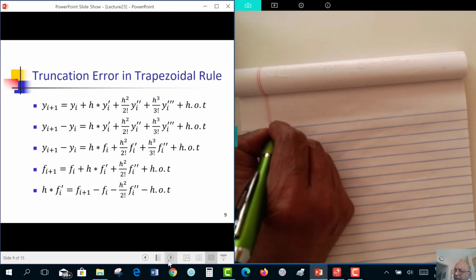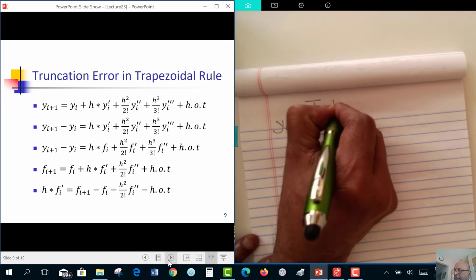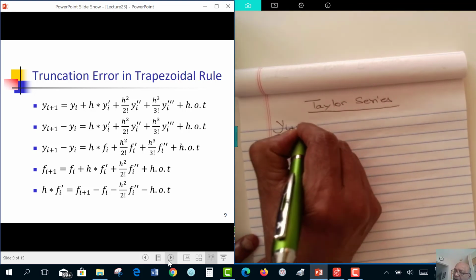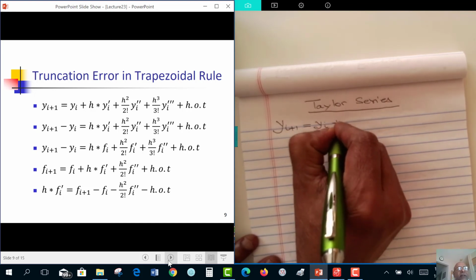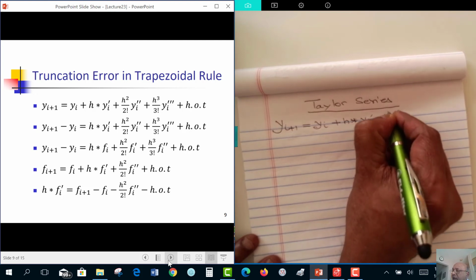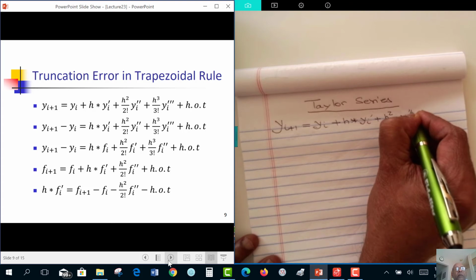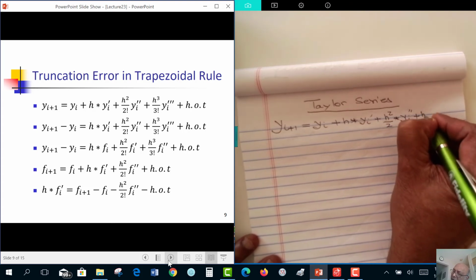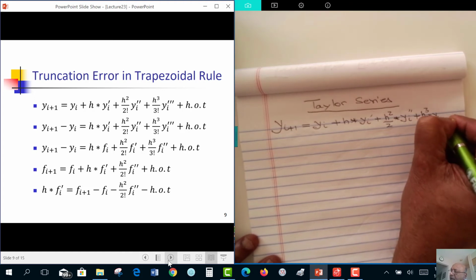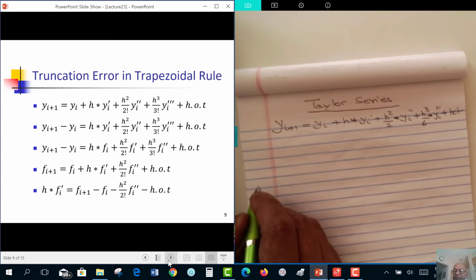So let's expand yi plus 1 by Taylor series. So we'll get yi plus h times yi prime plus h squared by 2 yi double prime plus h cubed by 6 (3 factorial) yi triple prime, and let's say we have higher order terms.